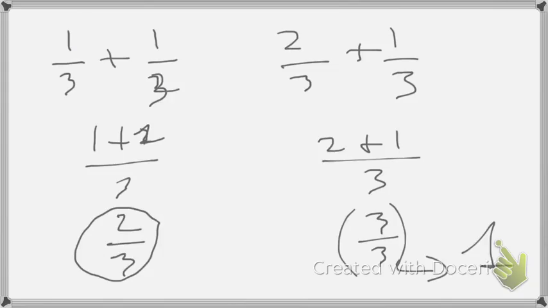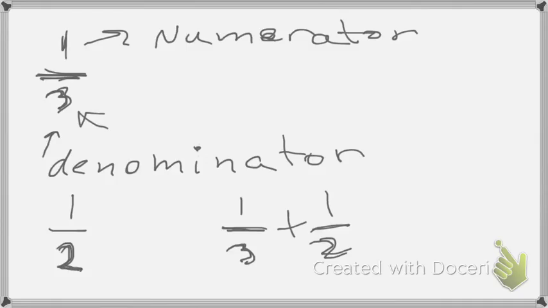Each one has 3, as you can see, yeah? This one here also has 3 as the denominator, and because of that, we could add them up. But here we have a new case where the denominators are different.